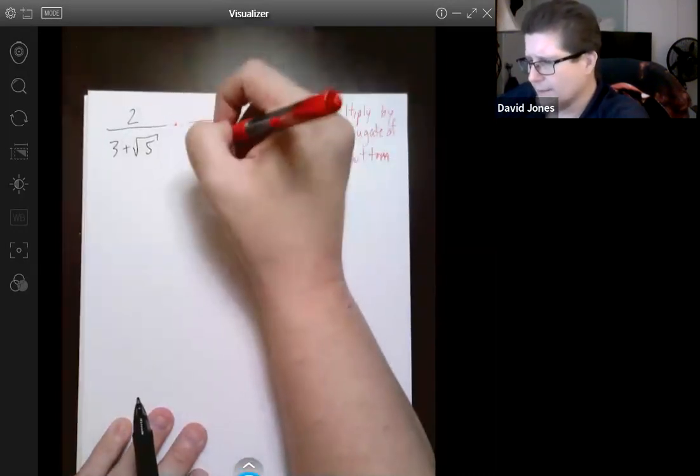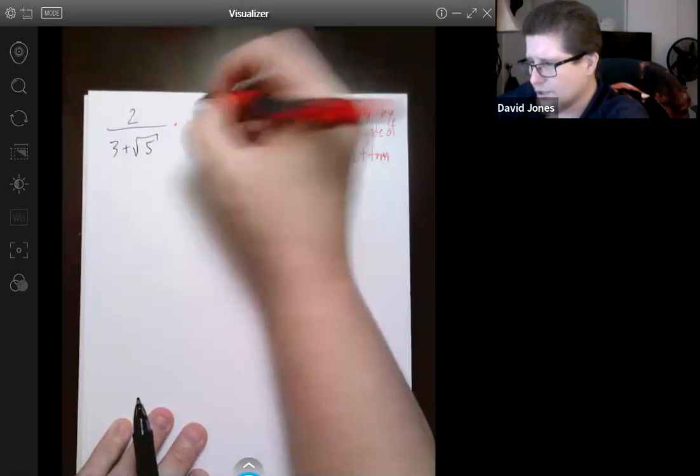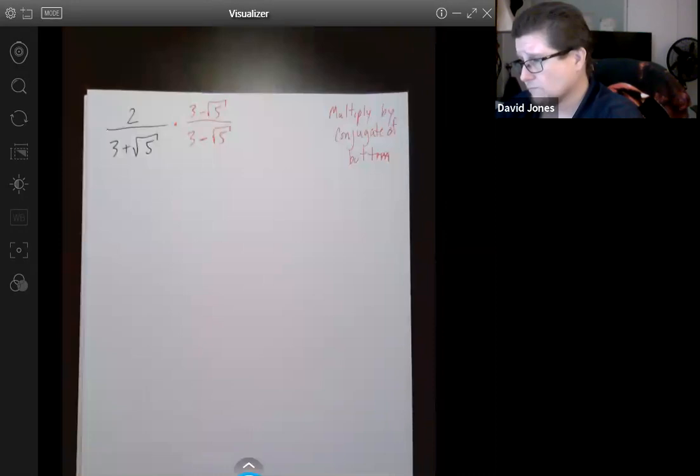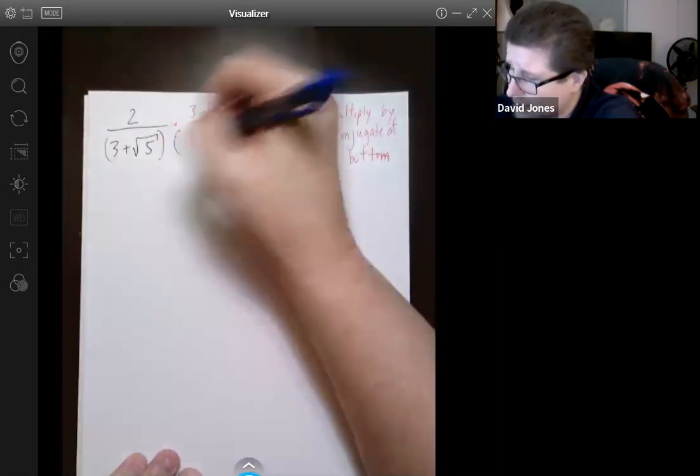Conjugate of the bottom is we just change the sign. So 3 minus square root of 5. And you probably should put these in parentheses because you need to distribute.